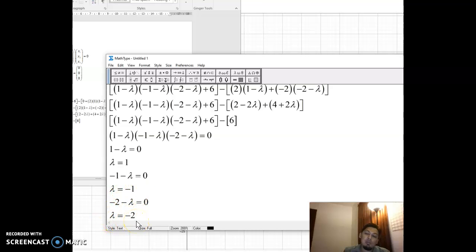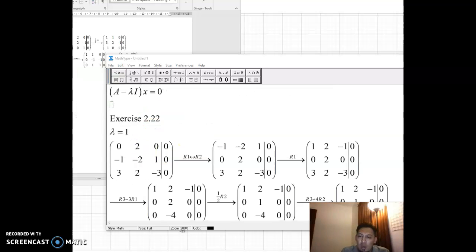Basically, there are three possibilities of eigenvalue. Okay, the next thing to do is to substitute. We are going to substitute into our original formula that contains 1 minus lambda and everything just now with lambda 1.